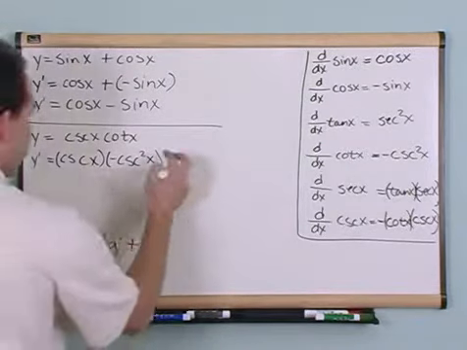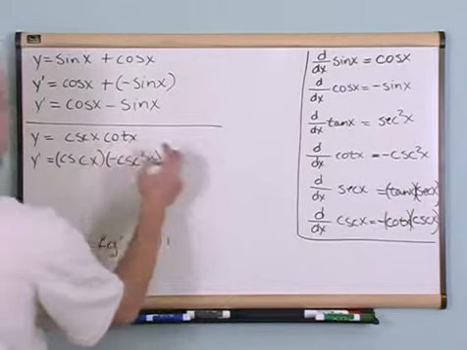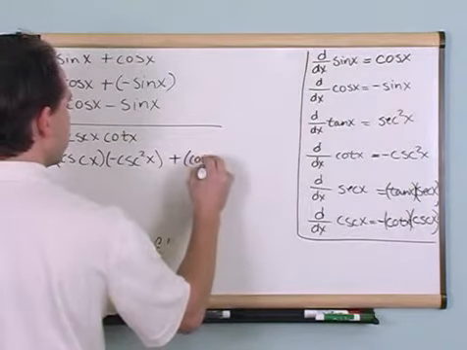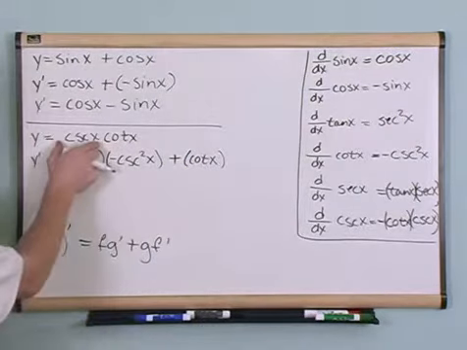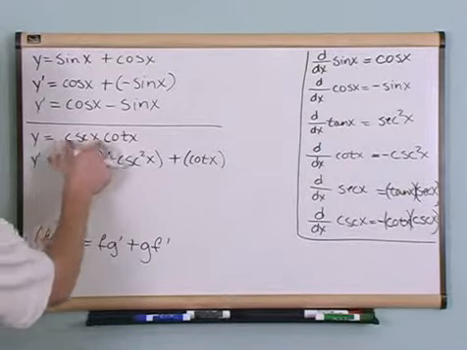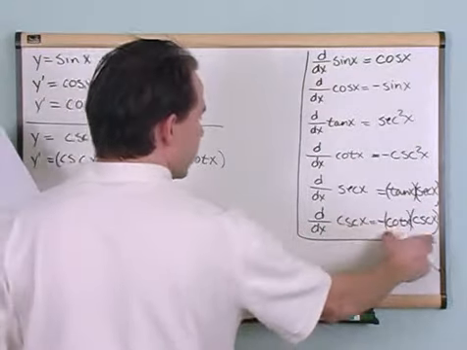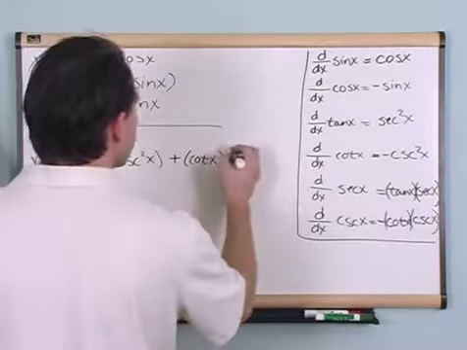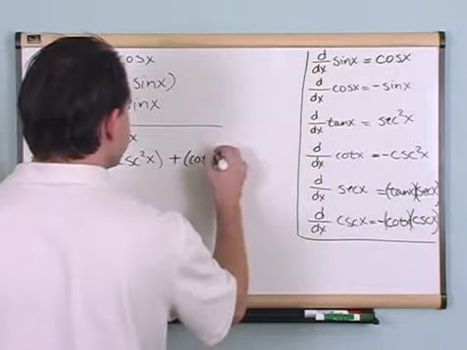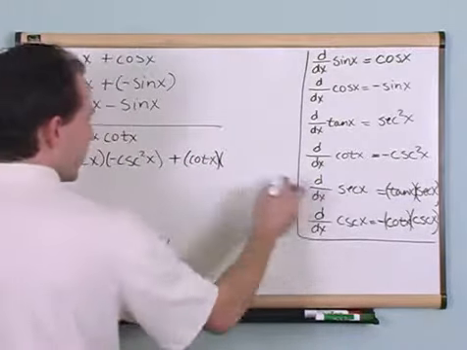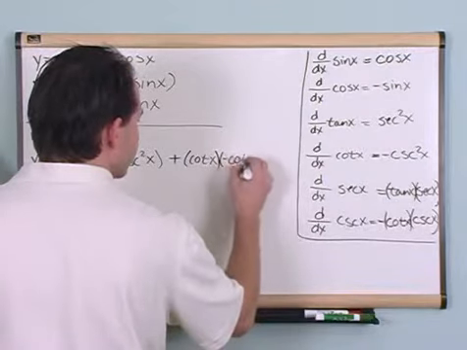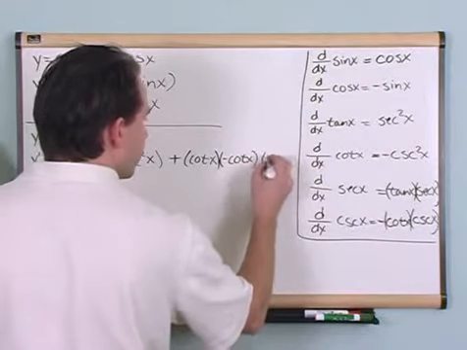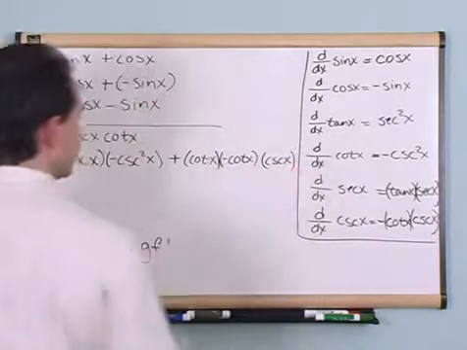First times the derivative of the second plus the second, which is cotangent, times the derivative of the first, which is derivative of cosecant. Derivative of cosecant is this stuff. And so what I'm going to have here is I'm going to have negative cotangent x cosecant x.